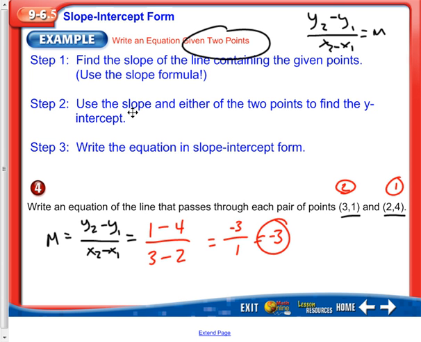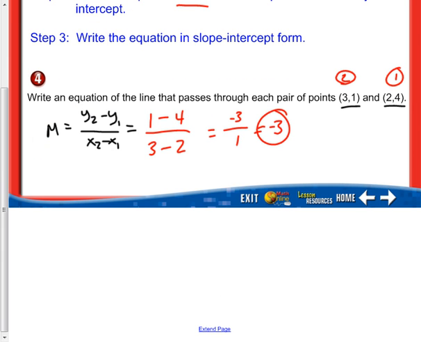Now it says use the slope and either of the 2 points to find the y-intercept. So now it's the point slope formula: y minus y1 equals m times quantity x minus x1. Now you can use either point 1 or point 2. It doesn't really matter.